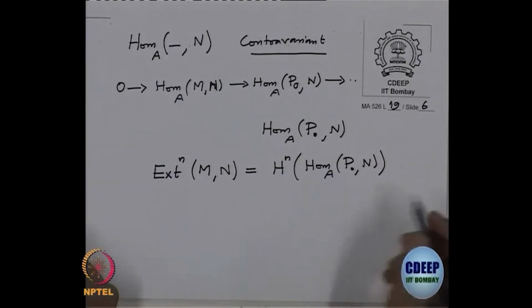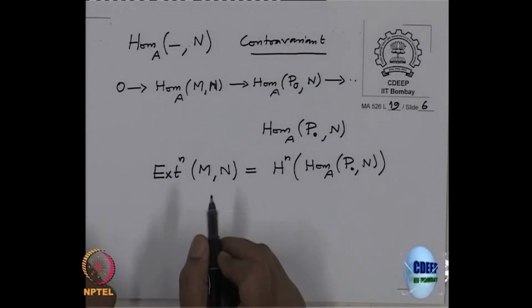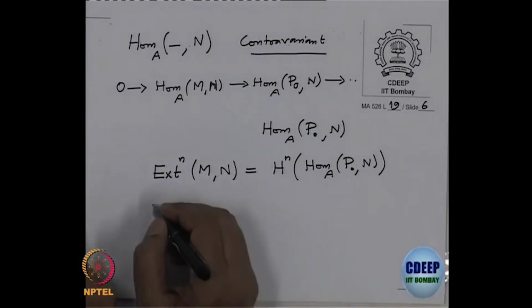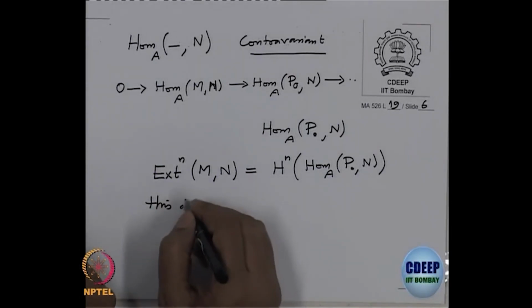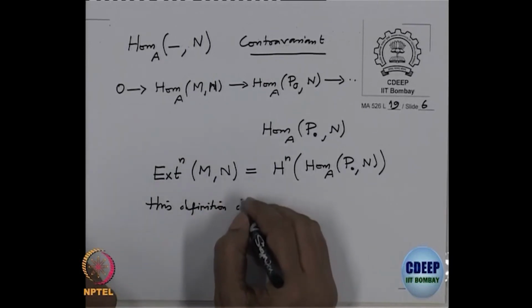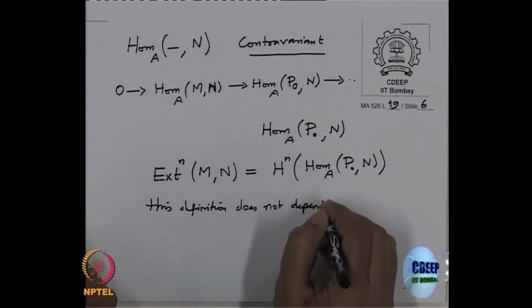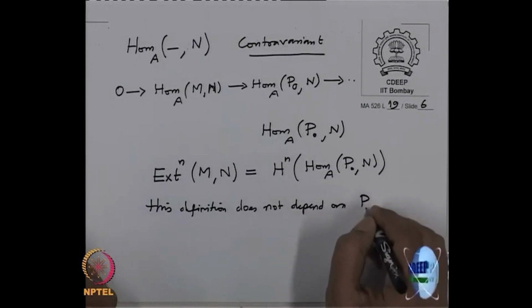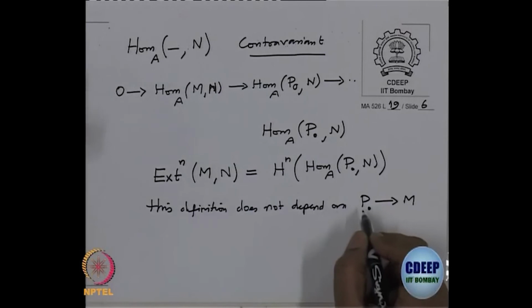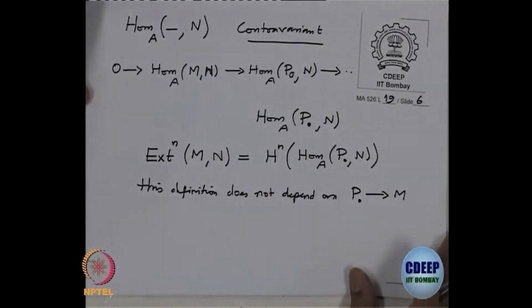And again here this does not depend on P dot to M. If you take a different projective resolution, then you get these modules and they are A modules.